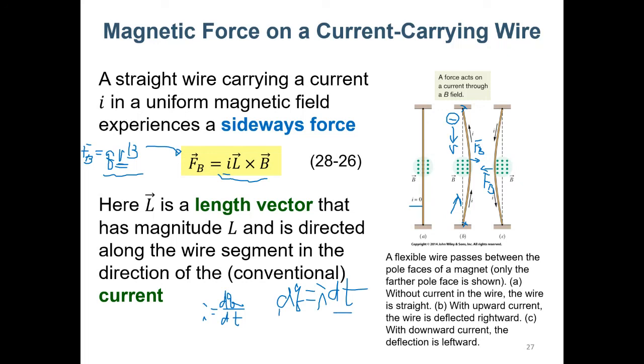So there is the total charge and the total length. Now it becomes I times L.